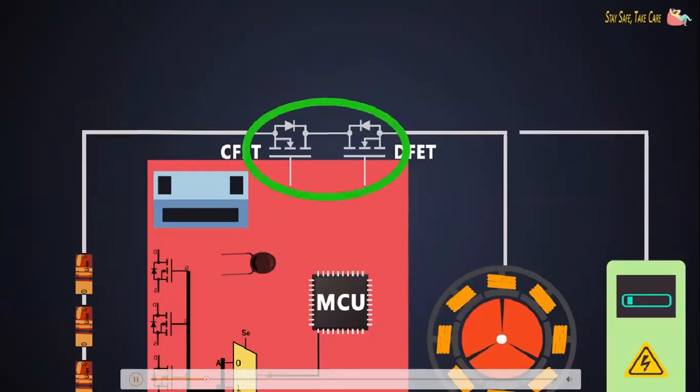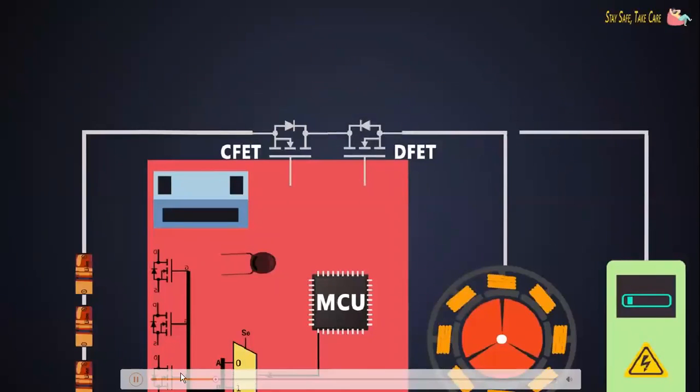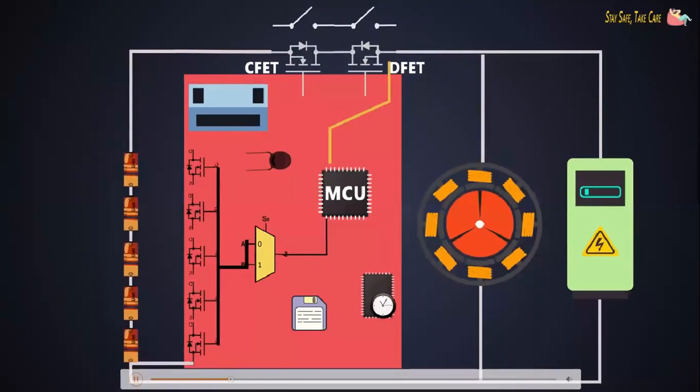When a charger is connected, both FETs are still off. The BMS senses the voltage at the input, then it turns on the CFET, which charges the battery.